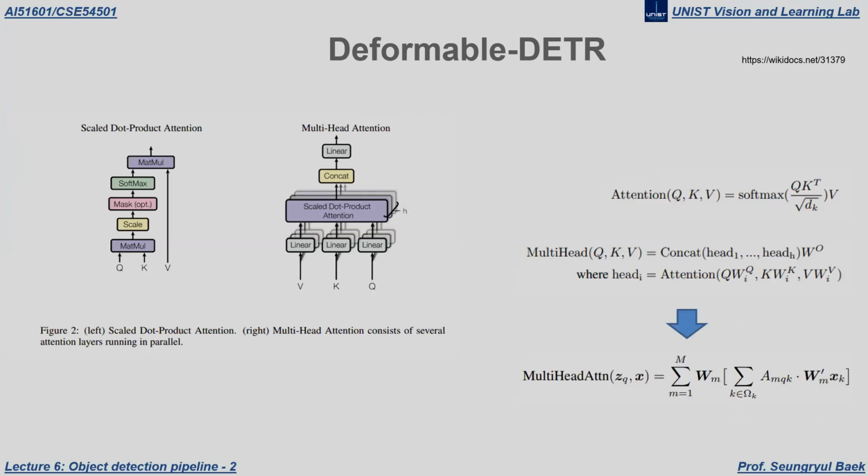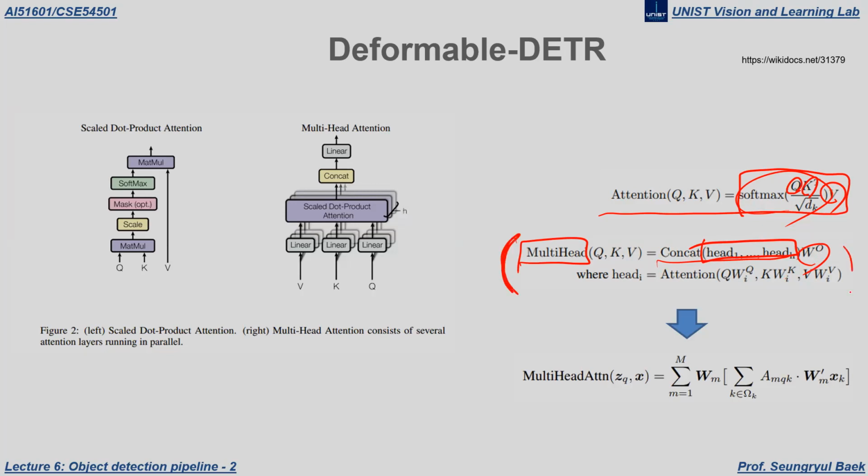So you may remember the attention mechanism was like this, right? Query and key are dot producted and they are applied with softmax and then multiplied with the values, right? And if we have multi-head attention, the head attentions are concatenated and applied with some linear layer, right? This was the multi-head attention.